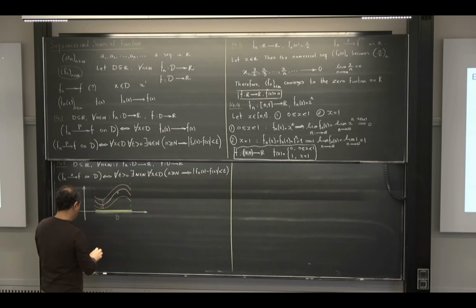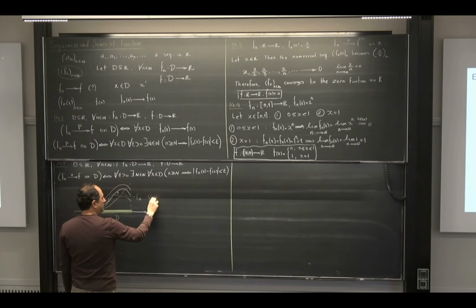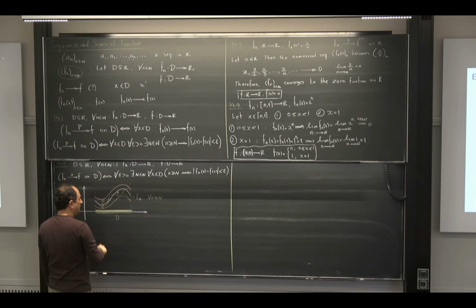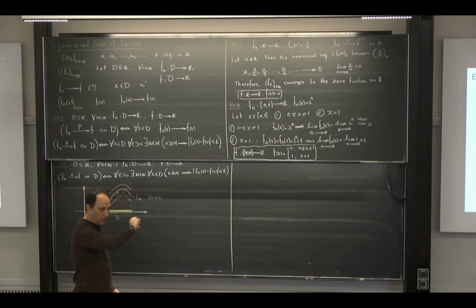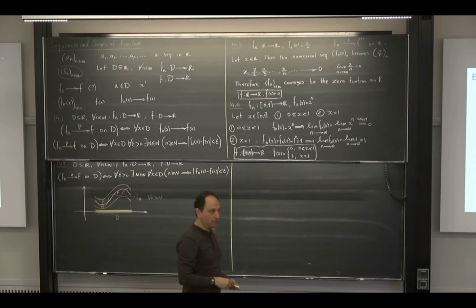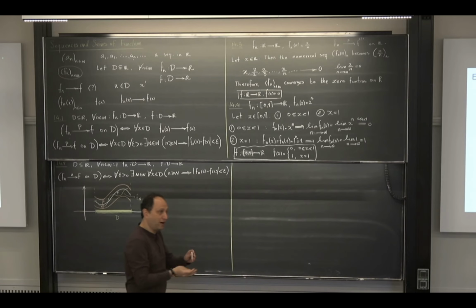So for example, if this is the graph of your function, say f sub n, and for every n greater than or equal to this fixed n, the graph of all these functions lies in this band, and that is the case for every epsilon, no matter how small, then you have uniform convergence.